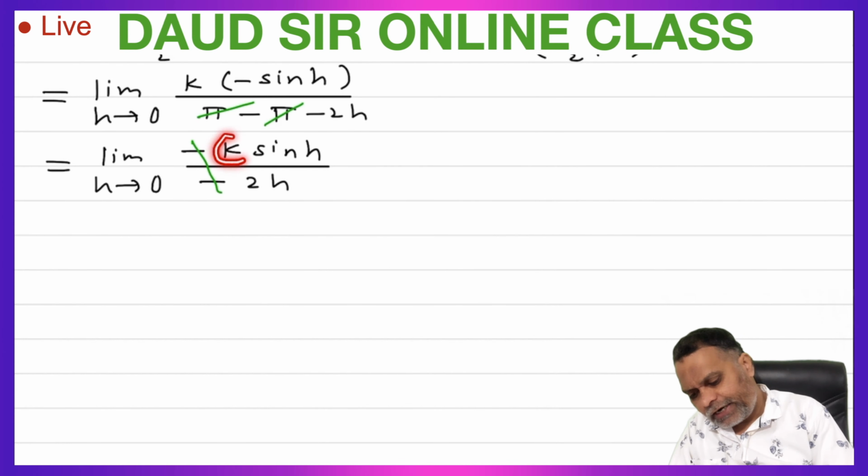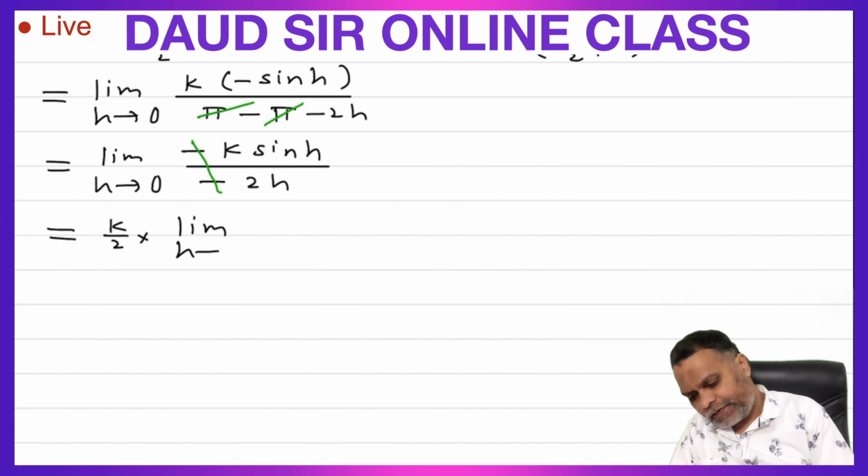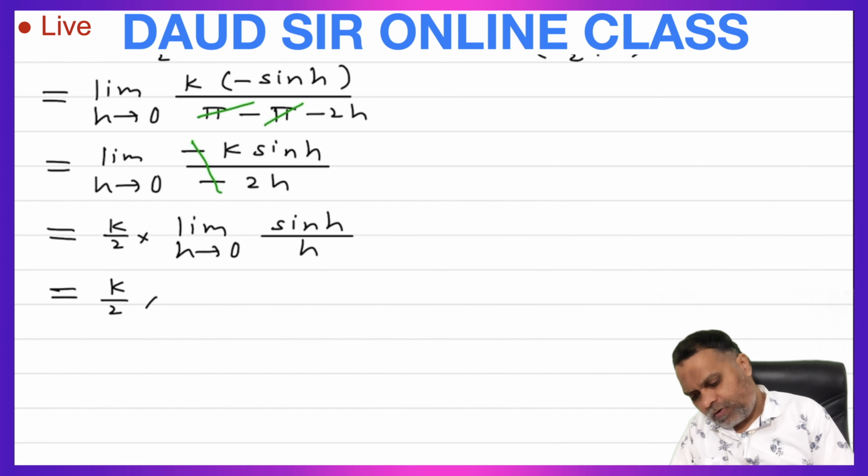Write this k outside the limit and make the limit for sine h upon h, which is equal to k upon 2 into limit h tends to 0 sine h upon h. Limit h tends to 0 sine h upon h is equal to 1. So this is k upon 2.